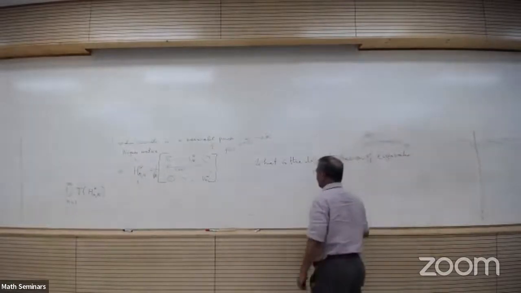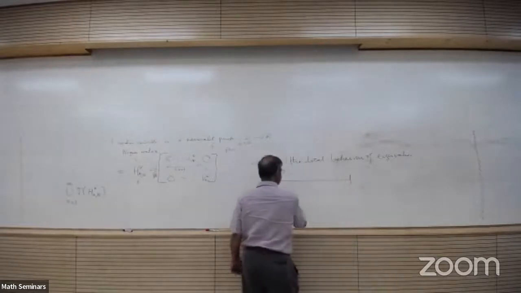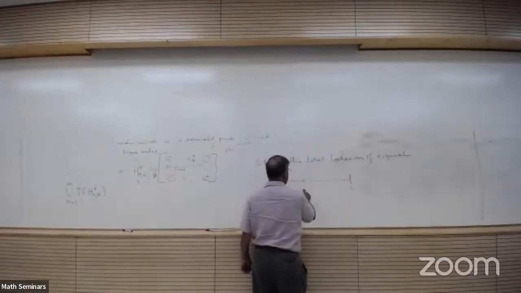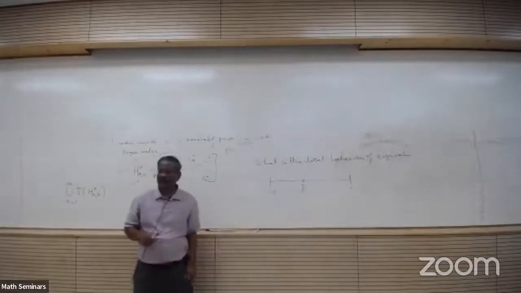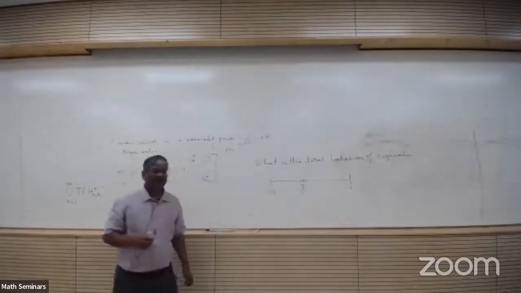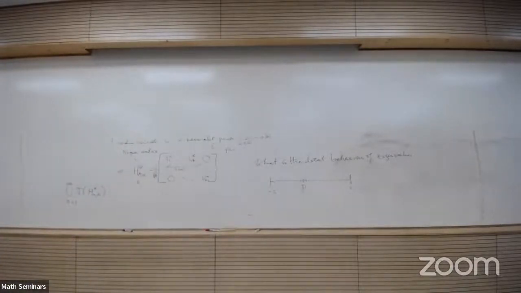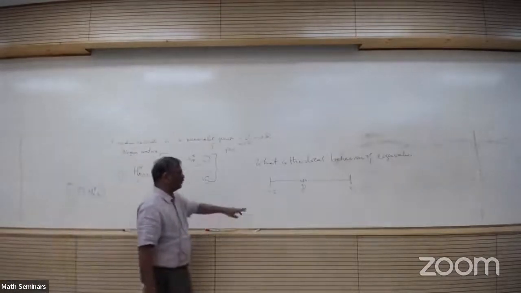That is, I have -2 to 2. Suppose I take a point E here, and I take an interval. Then how do the eigenvalues behave locally, and what is the counting function there? If you ask this question in the limit, every quantity will go to infinity.